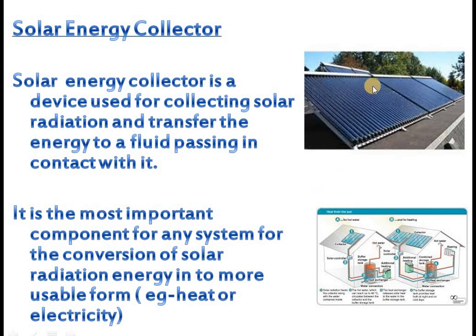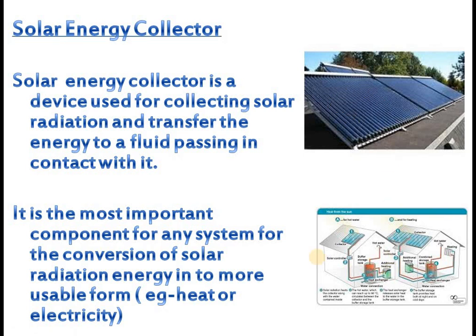This is how a solar energy collector looks. The basic structure is a box-like thing, and there is a black surface on which a number of pipes are attached. The black surface absorbs all the solar radiation, the heat energy, and transfers this heat energy into the pipes.